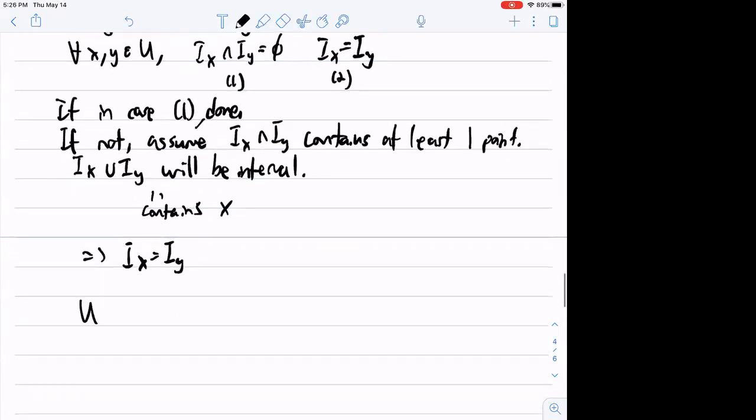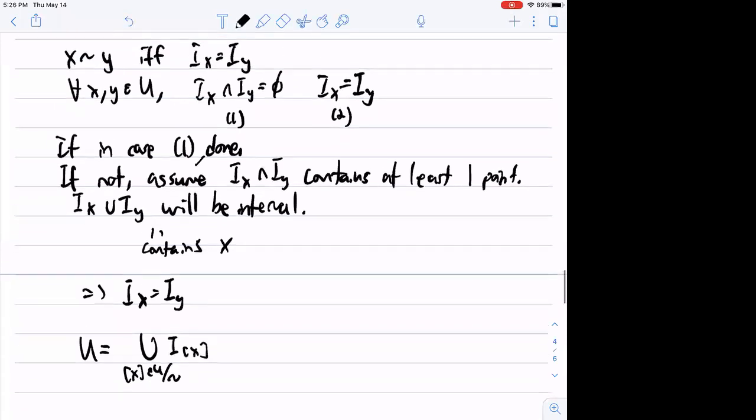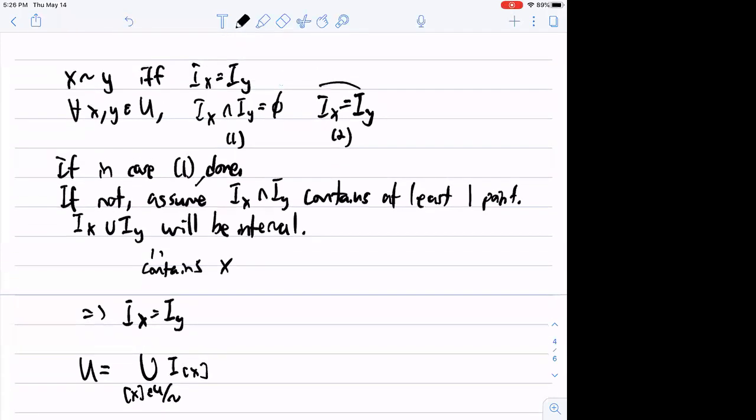So you can write U by identifying all the ones that are equal: the set of x in U modulo equivalence, of the Ix. This will be disjoint, because we identify all the ones that are the same and put them in the same class, and the rest have empty intersection, so they're disjoint.